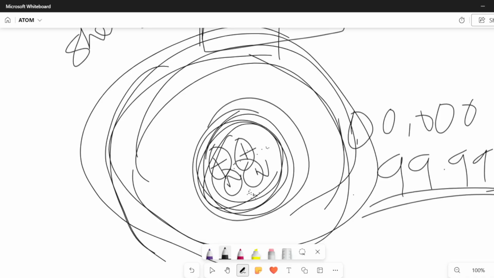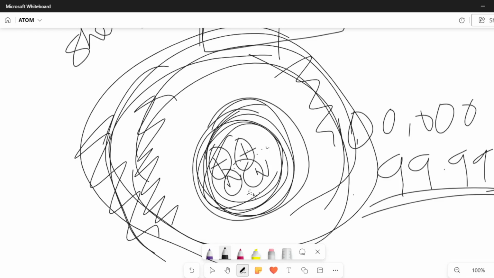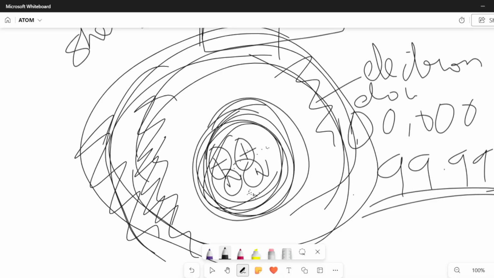The rest of the electrons are all present as waves in waveforms, which are vibrating around this atom. So that's why these are called electron clouds, not electron particles. It behaves as a particle when it comes in contact with another atom, but in general, the electrons present in an atom are in the form of waves.